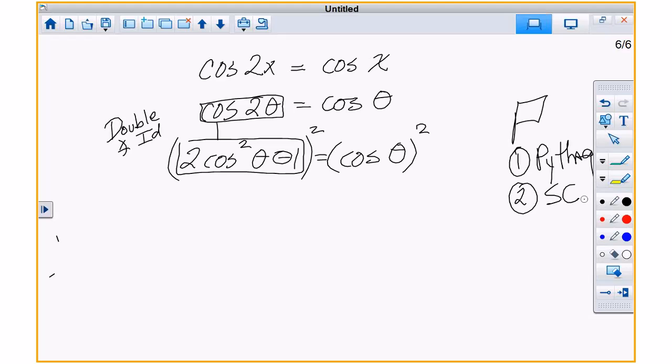So that would be 4 cosine to the 4th theta minus 2 times 2 cosine squared theta times 1, plus 1 is equal to cosine squared theta.